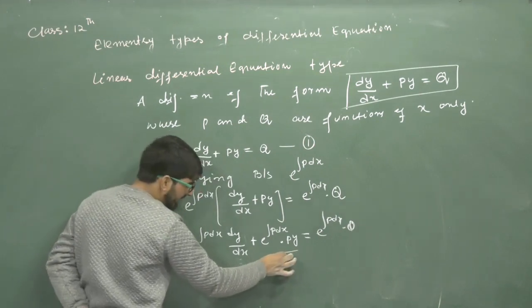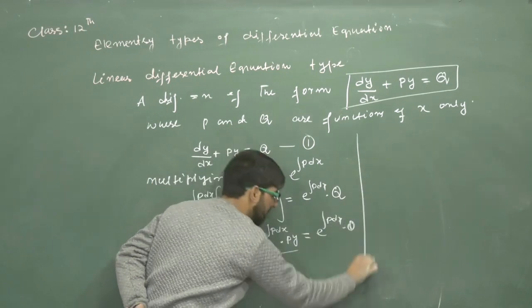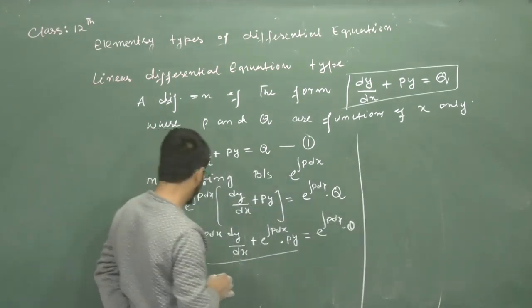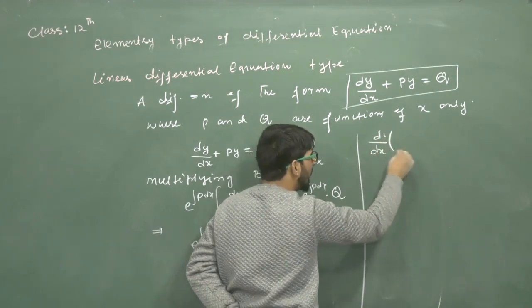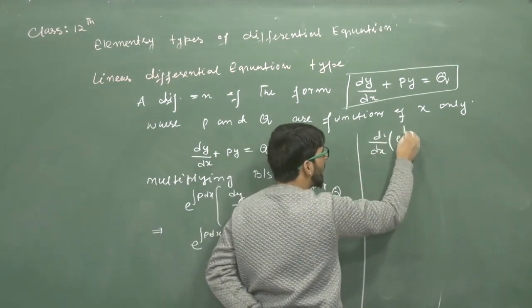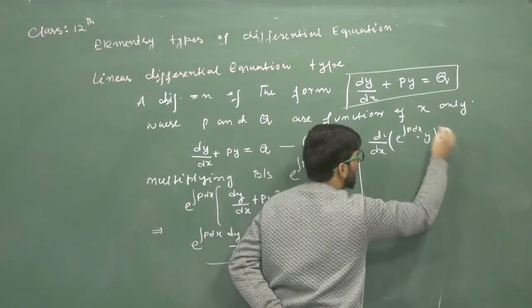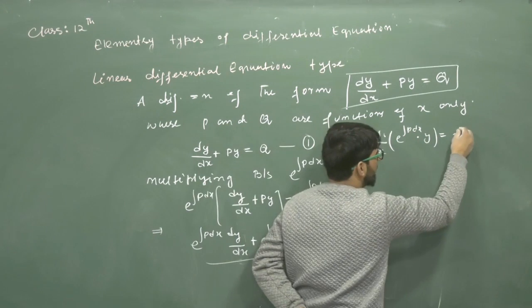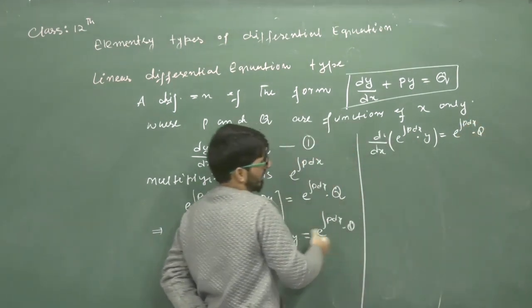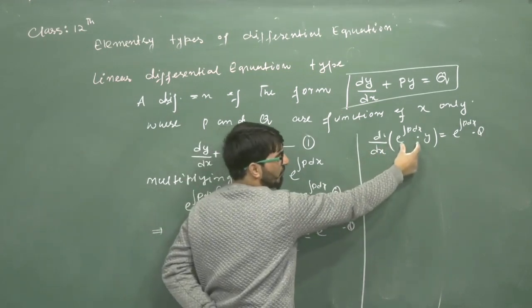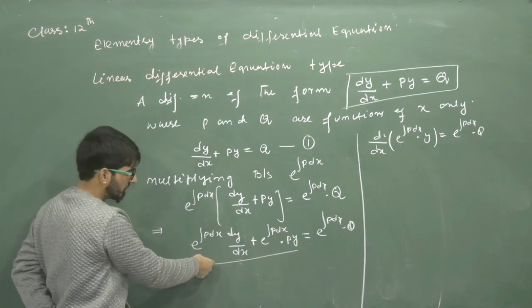After seeing this, the left side is equal to d by dx of e raised to power integral of p dx into y is equal to e raised to power integral of p dx into q. If we differentiate these two functions with respect to x, we get this.